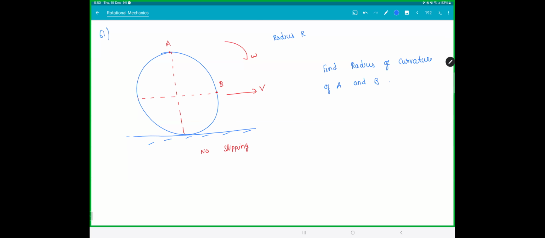It's not slipping, right? So V is equal to R omega in this case. It's a ring rotating.